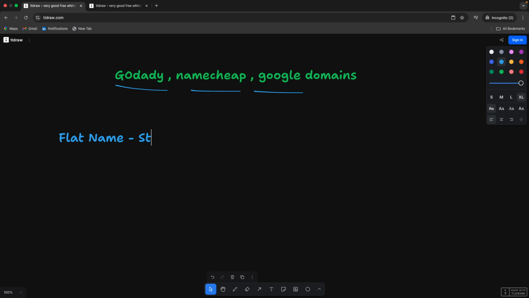Like Steve, this is again a name, right? And then what if you have some other person called Fred, and one more person called Alex. So this is basically a flat name. Now the problem in this approach is that all of these names have to be stored in a single file. That is one big problem.